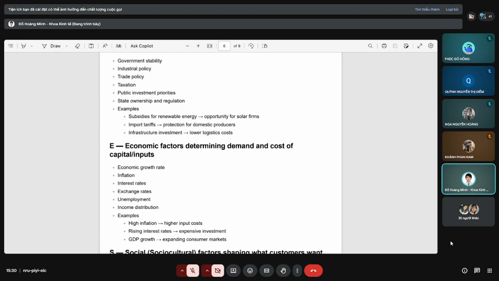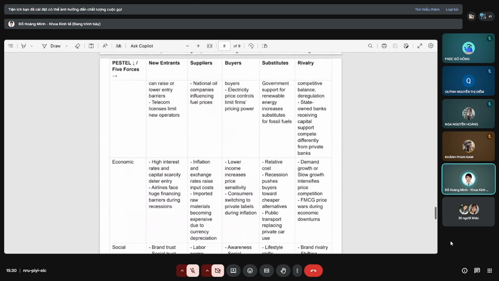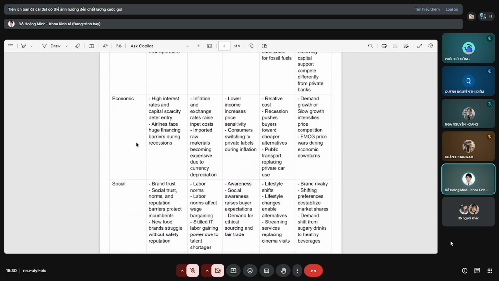And when the cost of capital increases, the cost structure will increase. And then there are unemployment and income distribution. So we will find how economic factors have influence on each competitive force.